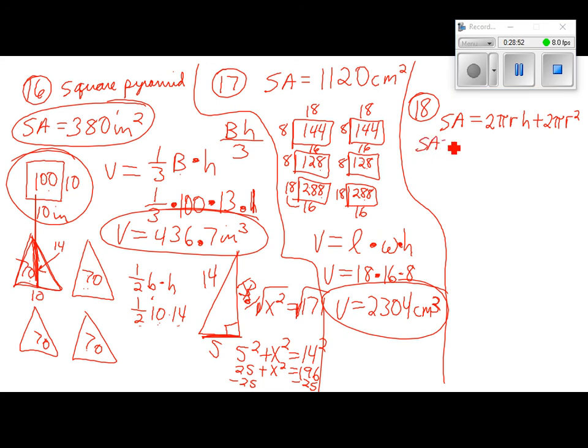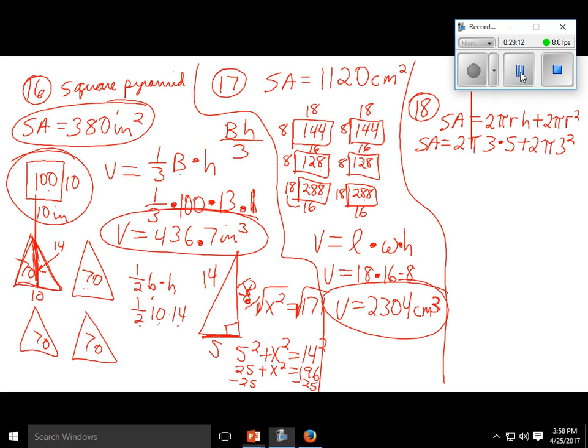Surface area equals 2 times pi, the radius this time is 3, times the height, which is 5, plus 2 times pi times the radius, which is 3 squared. You can punch all of that right into your calculator, just like it is right there, and it'll give you the answer. I got 138.1 inches squared.